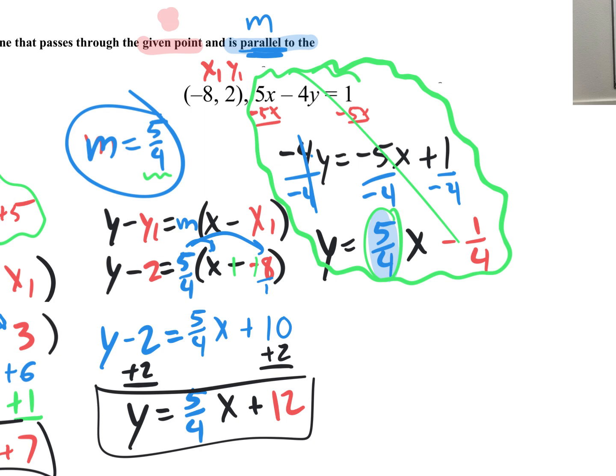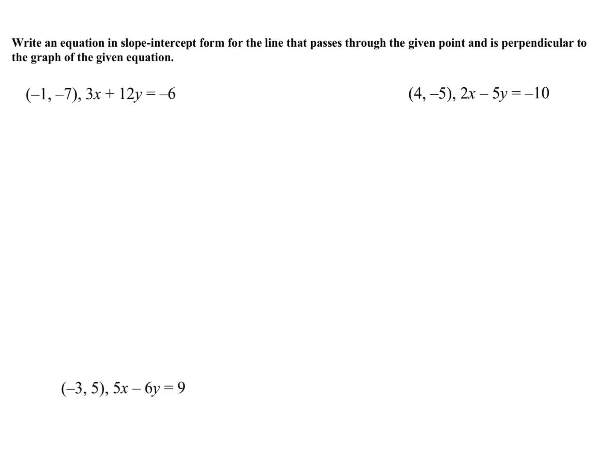Now, we're going to have a worksheet, and half of the worksheet is kind of like this, where I tell you, write your slope-intercept form equation of the line that has this given point and is parallel to this equation, so you got to find the slope of that equation, and parallel means that yours is exactly the same. Now, the second half of the worksheet is going to have these instructions. Write an equation in slope-intercept form of the line that passes through the given point.